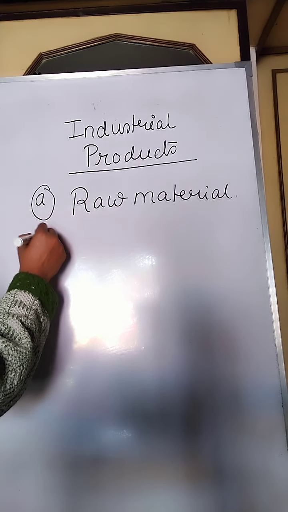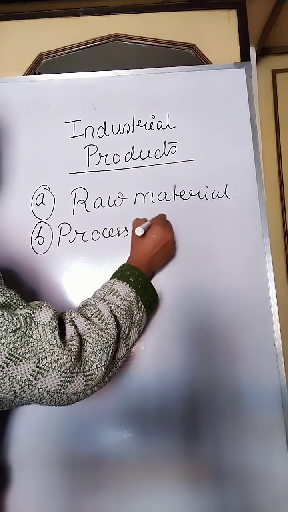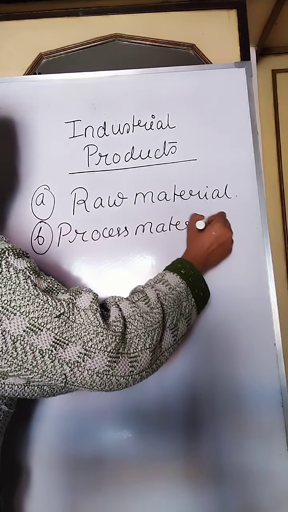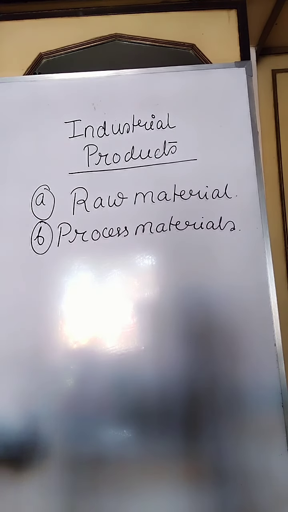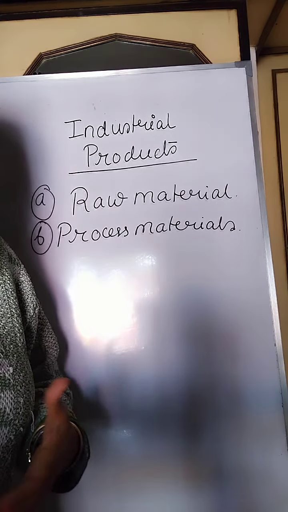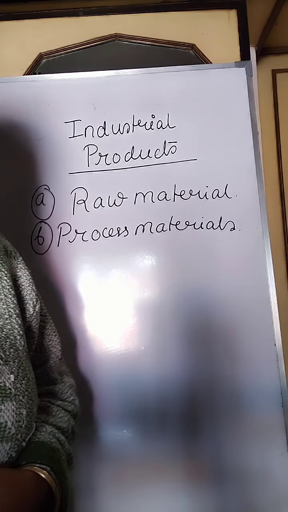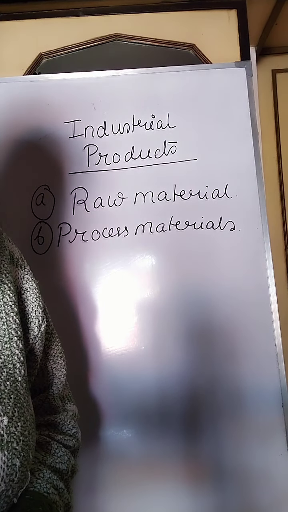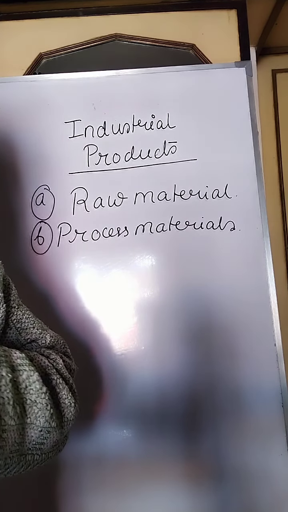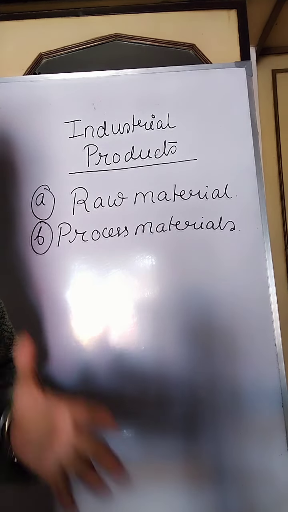Now the second type is process materials. What are these? These materials are directly used in the production but are not readily identifiable from the main product. Process materials are purchased according to industrial standards or the specification of buyers.